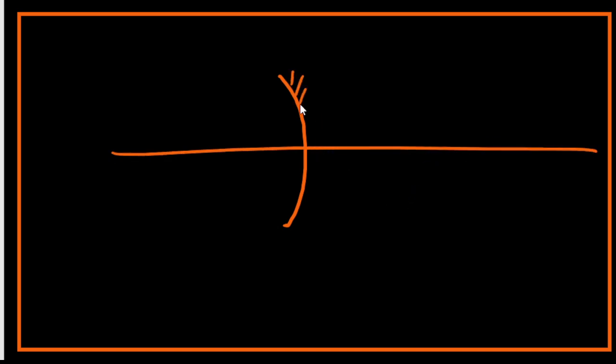If this is a concave mirror, if this mirror were to be a complete circle, we expect the circle to have a center. The center here is C, and it's called the center of curvature.